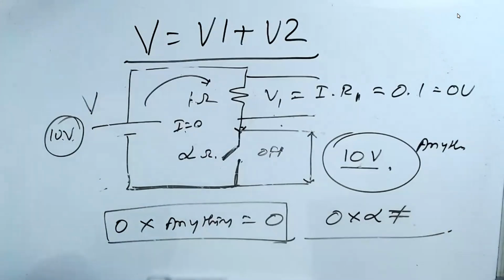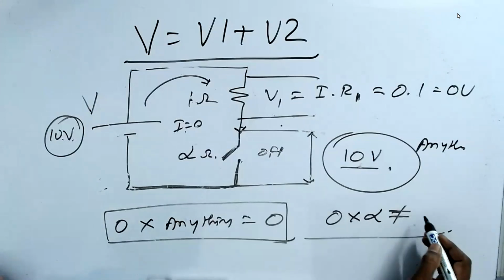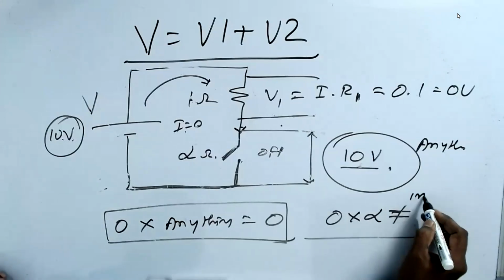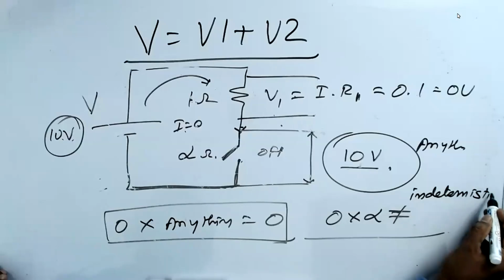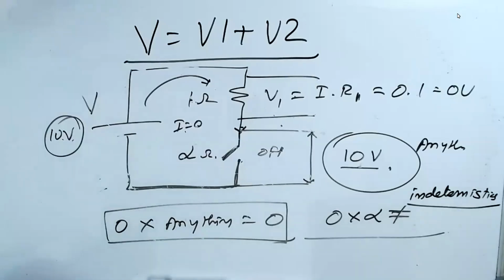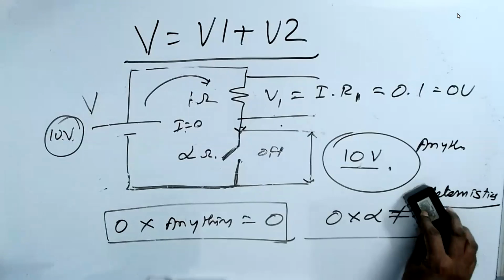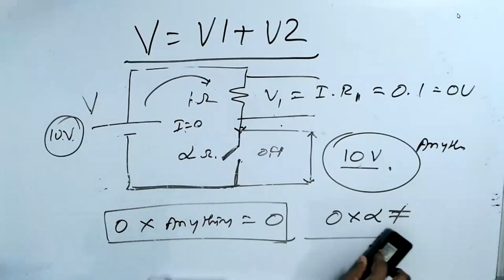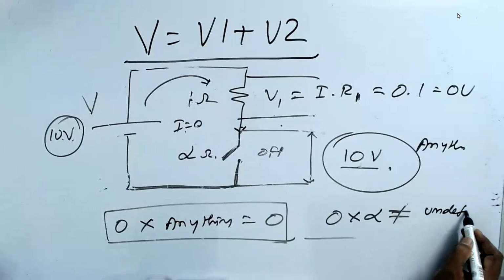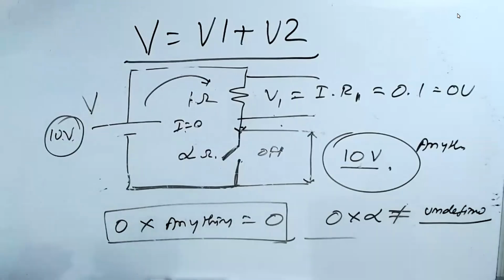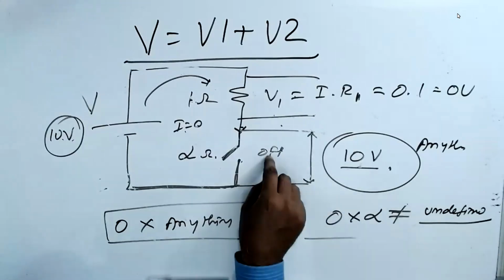That is the reason. Actually, they give the right word, called indeterminate. You cannot determine. That's why they call it indeterministic. Or, as somebody said, undefined. Since this is undefined, you cannot find it.